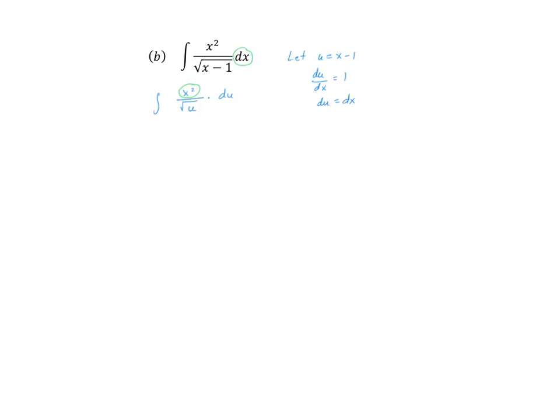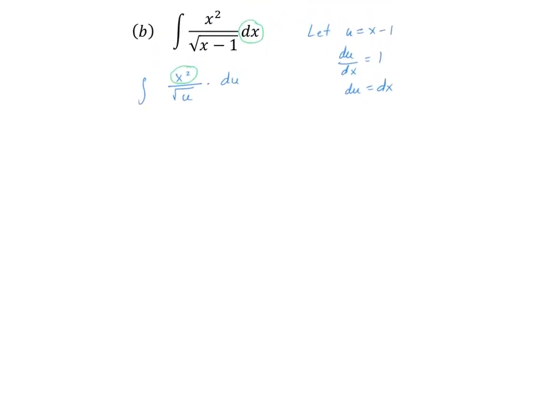However, notice that if u is equal to x minus 1, what that tells me is that x is equal to u plus 1. So x squared is equal to u plus 1 squared, which is equal to u squared plus 2u plus 1.